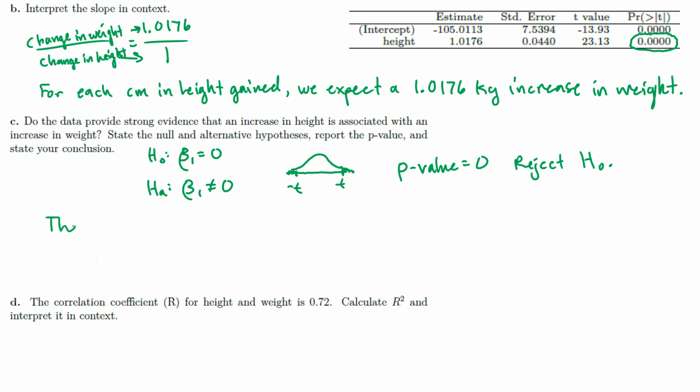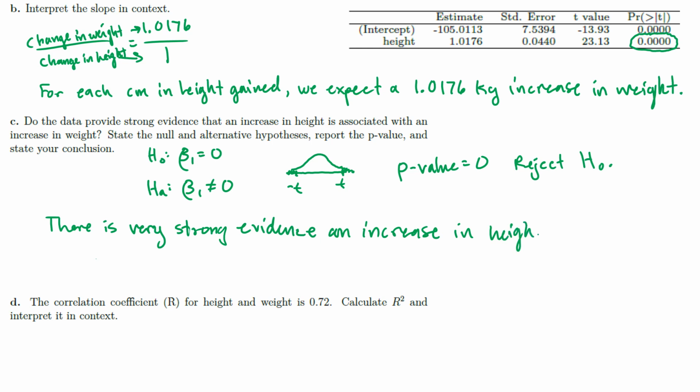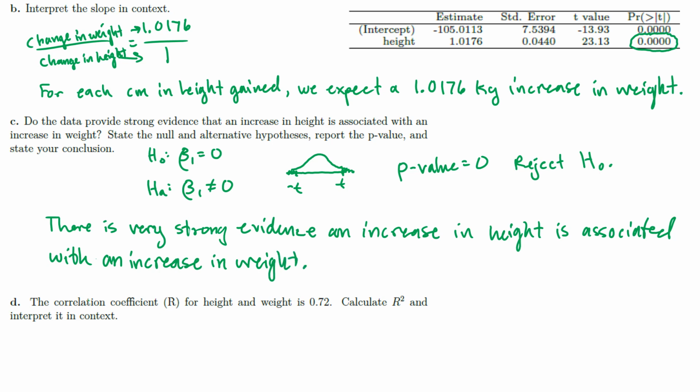So this means there is very strong evidence an increase in height is associated with an increase in weight. Not surprisingly, right?